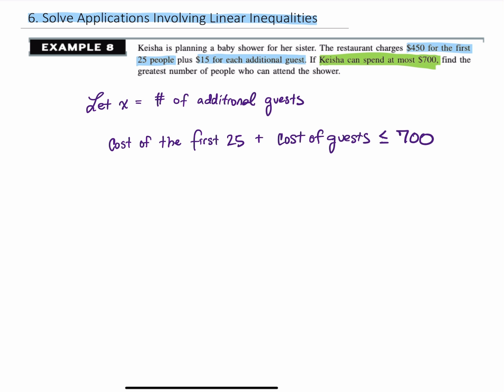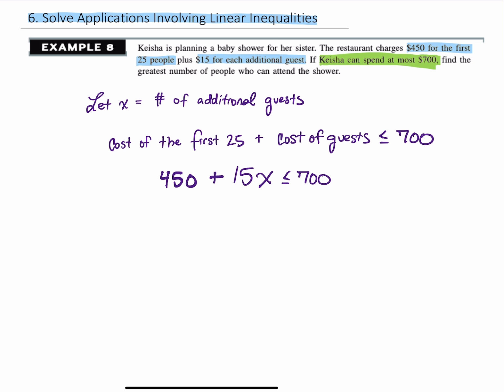So we can just replace this part with 450 plus $15 for each additional guest. And we said x is the number of additional guests. So that would be 15 times x. However many additional guests we have, $15 per person then. And then this needs to be less than or equal to 700. Cool. So we got our inequality set up.